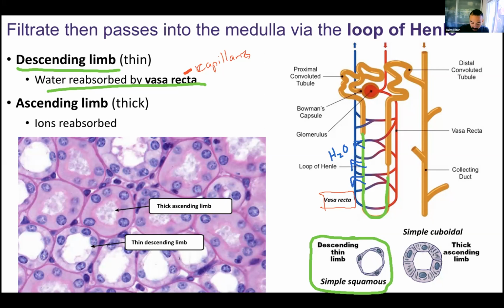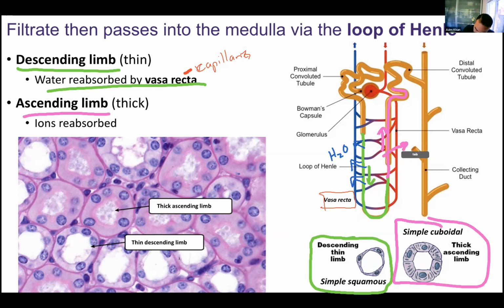In the next part, which I'm going to color in pink, it gets thicker. This next part is called the ascending limb. This is simple cuboidal. No microvilli, just simple cuboidal. Here, ions are being reabsorbed.